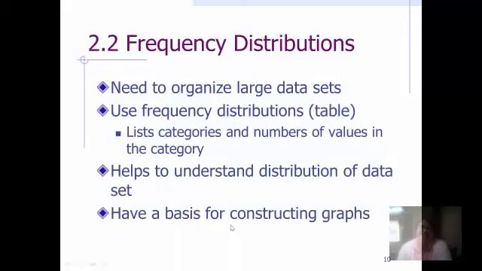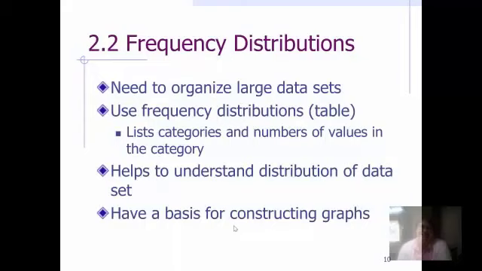We're going to talk about frequency distributions first, and we're going to start with tables, frequency distribution tables. When we have data sets, we need to organize them, because otherwise they're just a jumble of numbers and it's very easy to get mixed up.